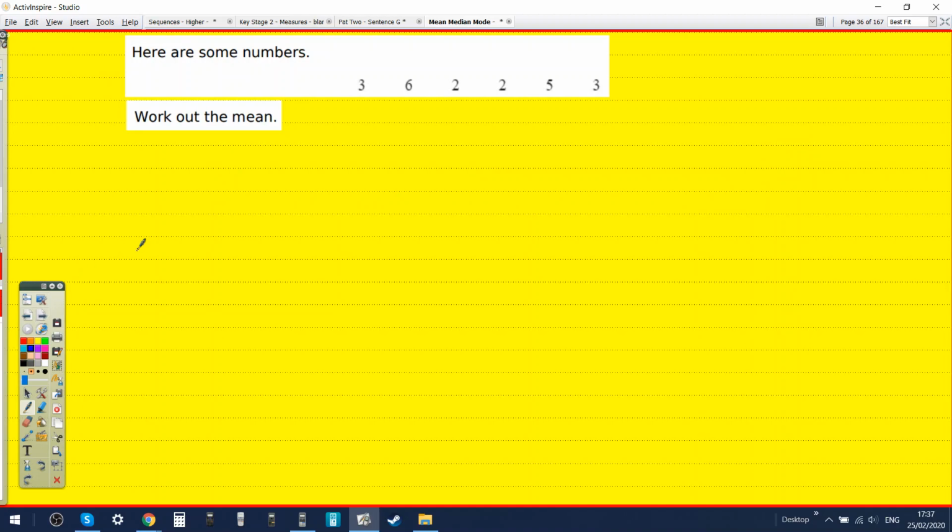Okay, how do you find the mean? You have to add them all up, and then divide it by the number of numbers. Yeah. And so 1, 2, 3, 4, 5, 6. So calculator, add them all up. Divide by 6. So that's long.